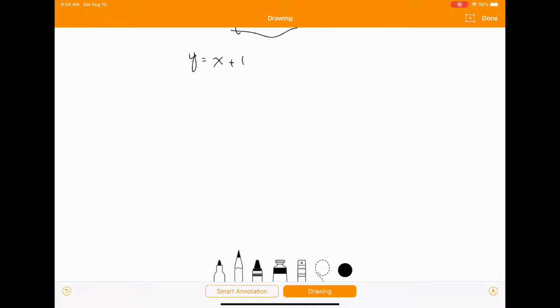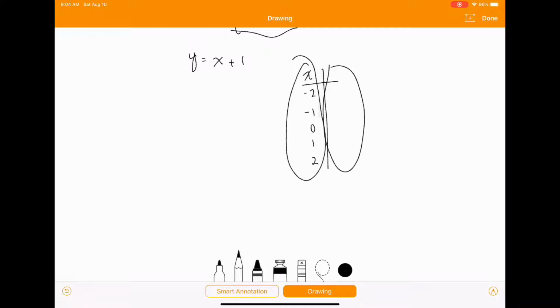You're going to create a table of x and y's, so inputs and outputs, and let's just go with -2, -1, 0, 1, 2. All right, and if we use all of these inputs and get all of these outputs, then we can plot those points, connect them with a line, and then that is our graph of this function. So that's what all of these solutions mean: they're points on a line in a graph of the function.